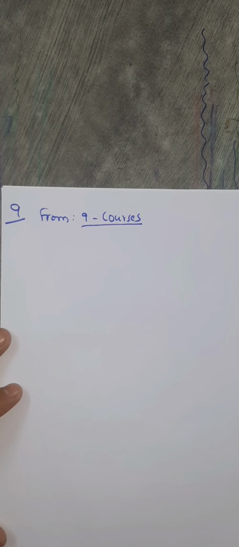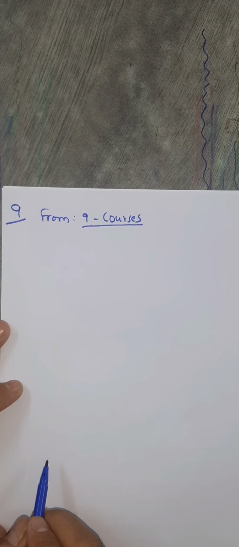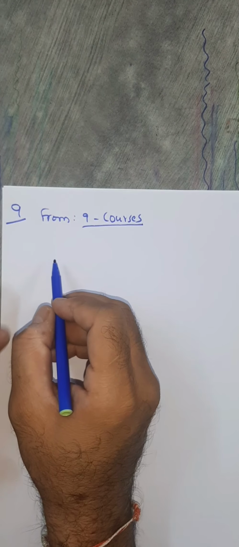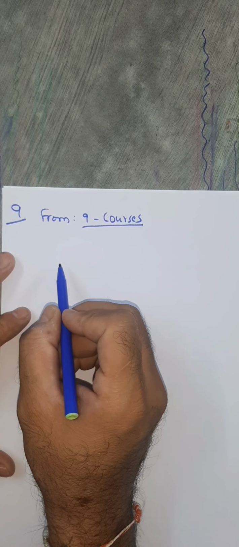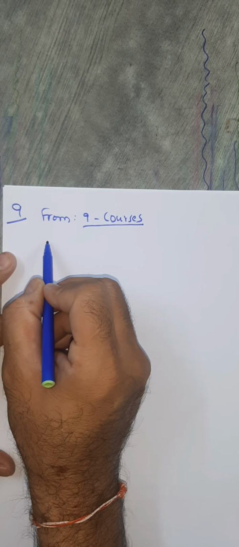So next, 9th question. How many ways can a student choose a program of 5 courses? So 5 courses are selected out of 9 courses, in which 2 specific courses are compulsory for every student.